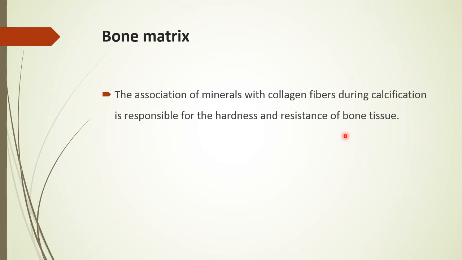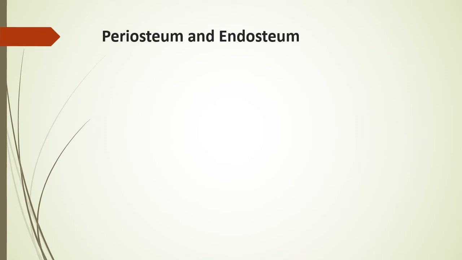The minerals are calcium, hydroxyapatite, carbonate, potassium, magnesium, and all these minerals bind to the collagen fibers and result in hardness and resistance. Now we have finished the bone matrix.